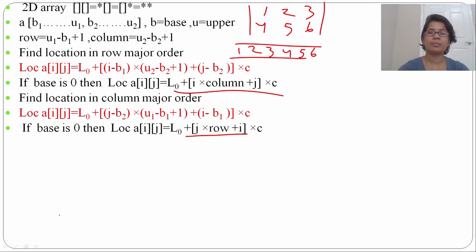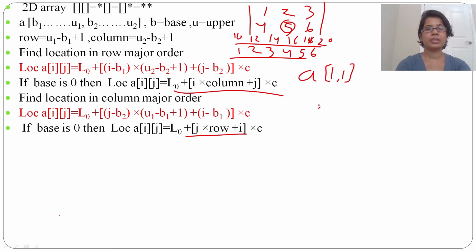Let's see one example. Suppose the elements are 1 2 3 4 5 6, with values 10, 12, 14, 16, 18, 20. Suppose you want to find the location of the element 5, that will be a[1][1], since indices are 0 1 2.